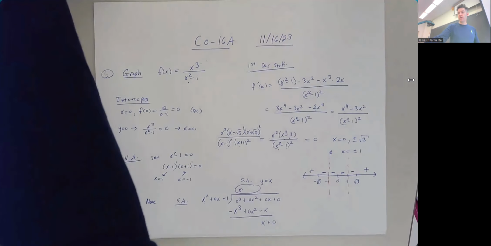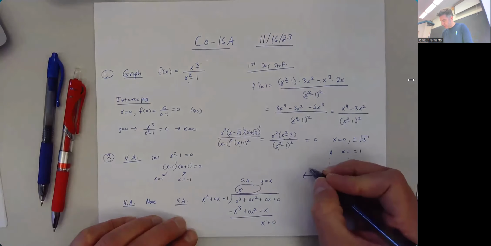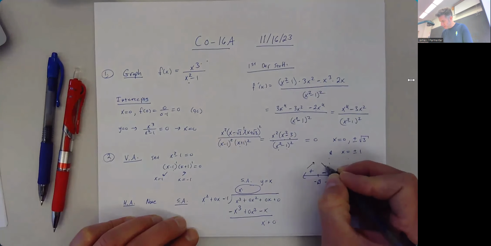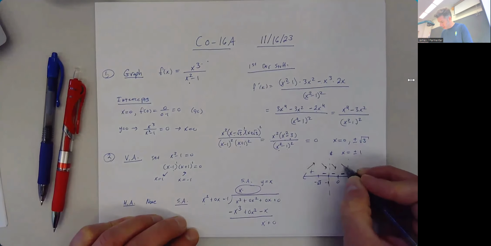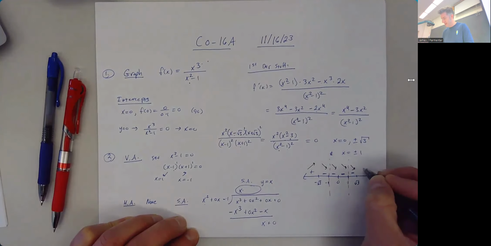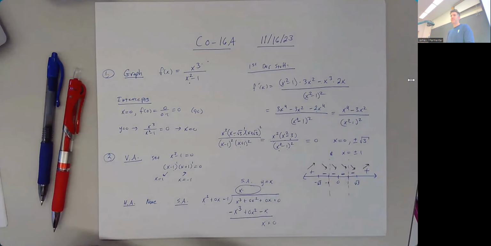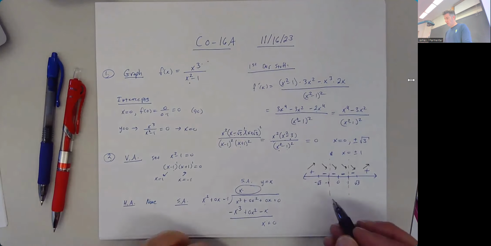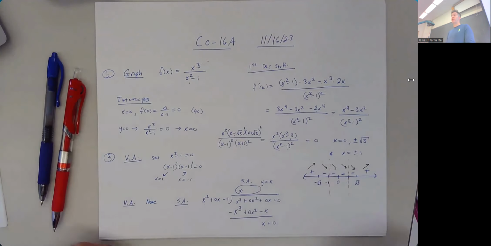So what does that tell us about our function? It tells us that it is going up and then down and then down and then down and then down and then up. Do we have any relative extrema? Yeah. Well, where could we have a relative extrema?